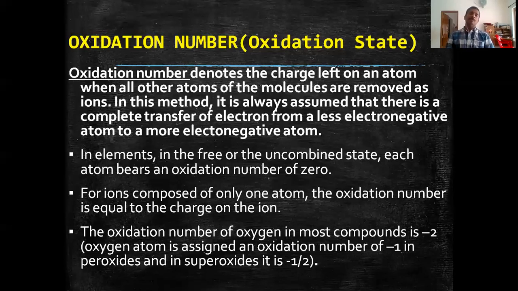Peroxide examples: H2O2, Na2O2; superoxide: KO2, potassium superoxide. And fluorine is the most electronegative element. When oxygen combines with fluorine, the oxidation state will be +2. That you can see in OF2, oxygen is in +2. In all other cases, oxygen is in -2 oxidation state.